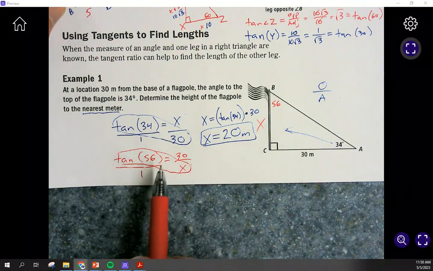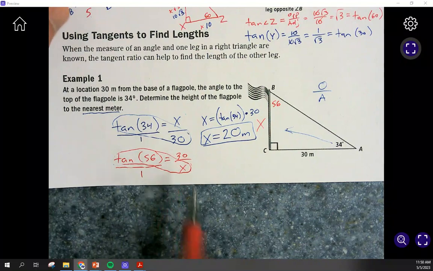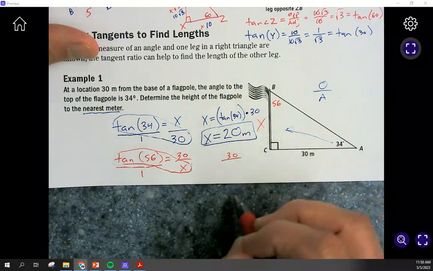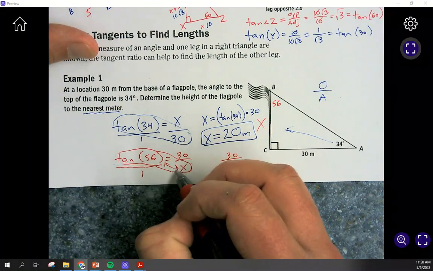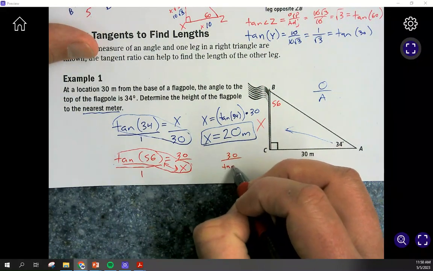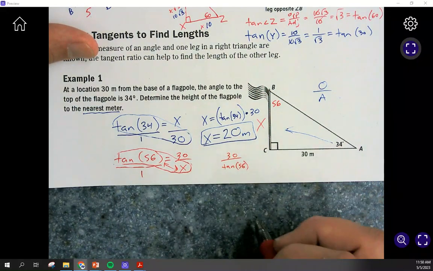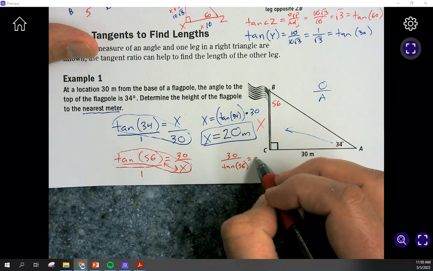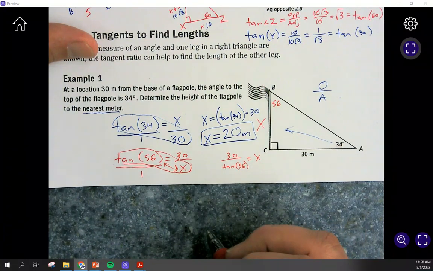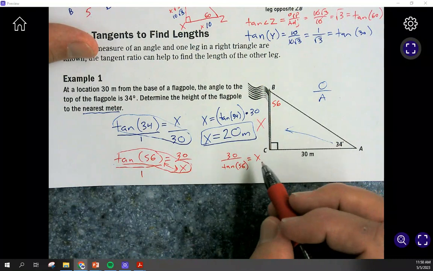Okay, it's still equal. So if I did that, I would end up with the 30 on top, and then I would end up, so I'm going to flip-flop these, I would end up with the tangent of 56 on the bottom, and that's going to end up equaling x over 1, which is just x.